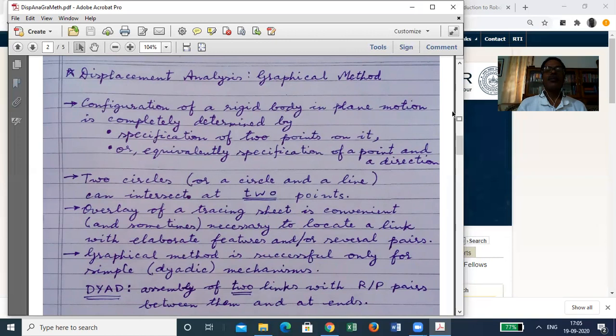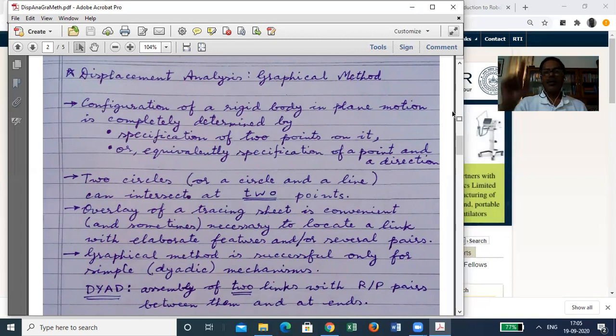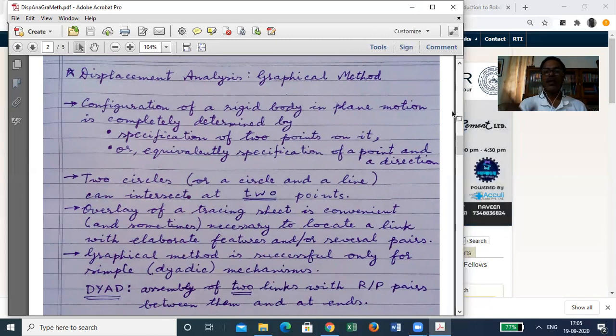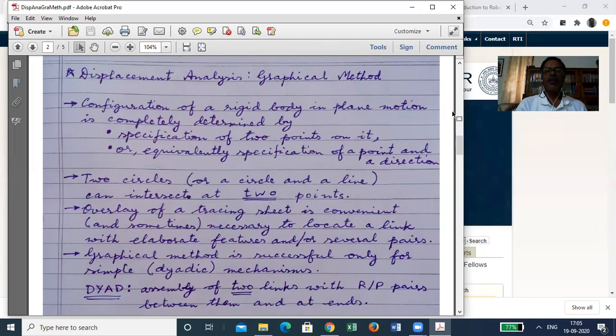Okay. So that is 1 point, 1 line, 1 point, 1 direction. Actually, 1 point and another direction is also possible, not a line passing through that point. Say you locate the nose tip of an image.